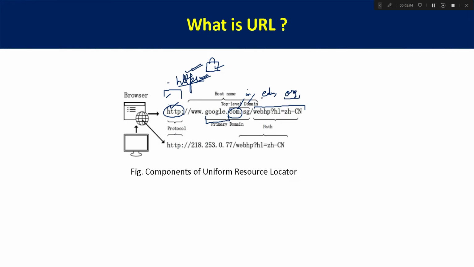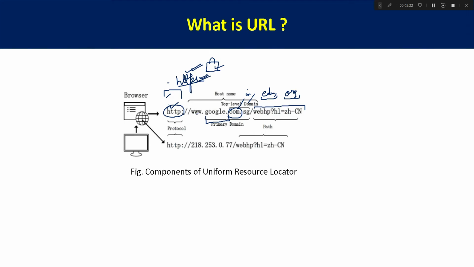The top level domain comes just after the primary domain. Next comes the path, which is the exact path of the website. So this is the overall structure of a particular URL.